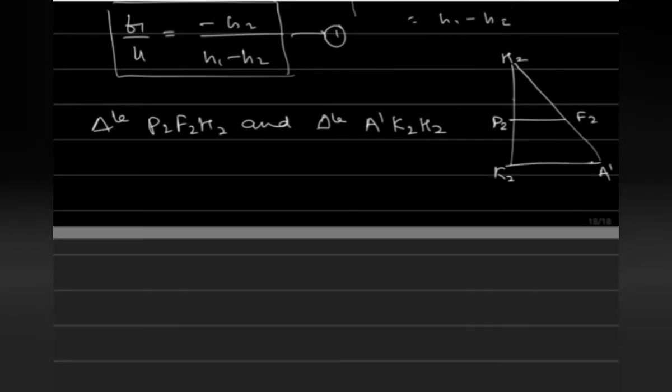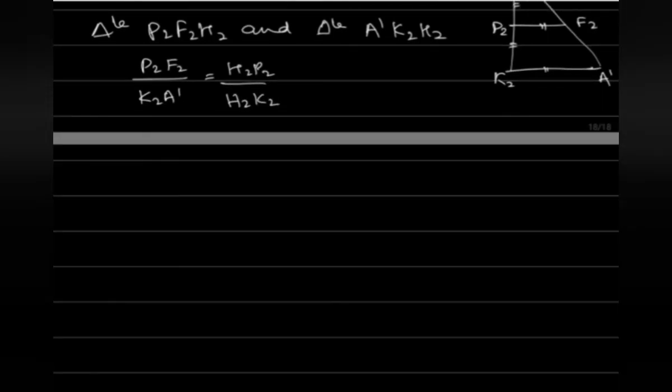Now here also we are getting the same sides. So for the same side we'll write P2 F2 upon K2 A dash is equals to H2 P2 divided by H2 K2. So now here what is the P2 F2?